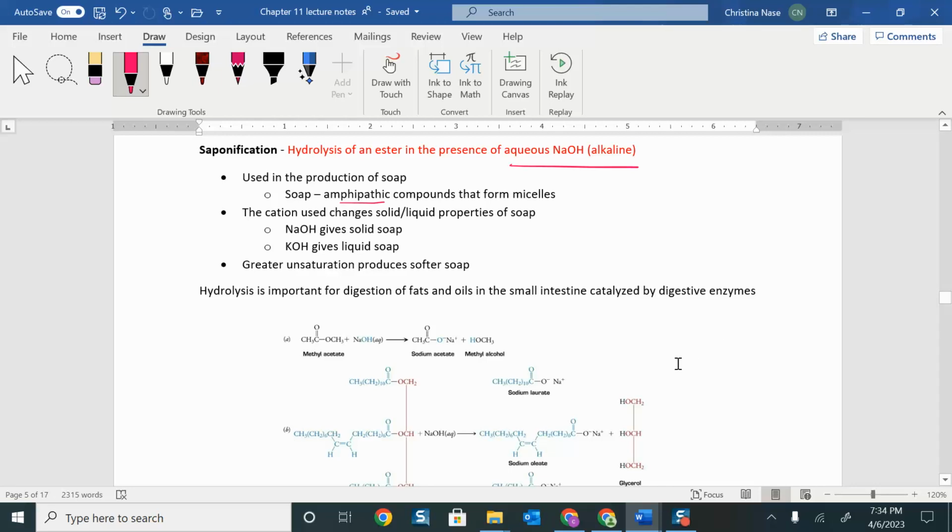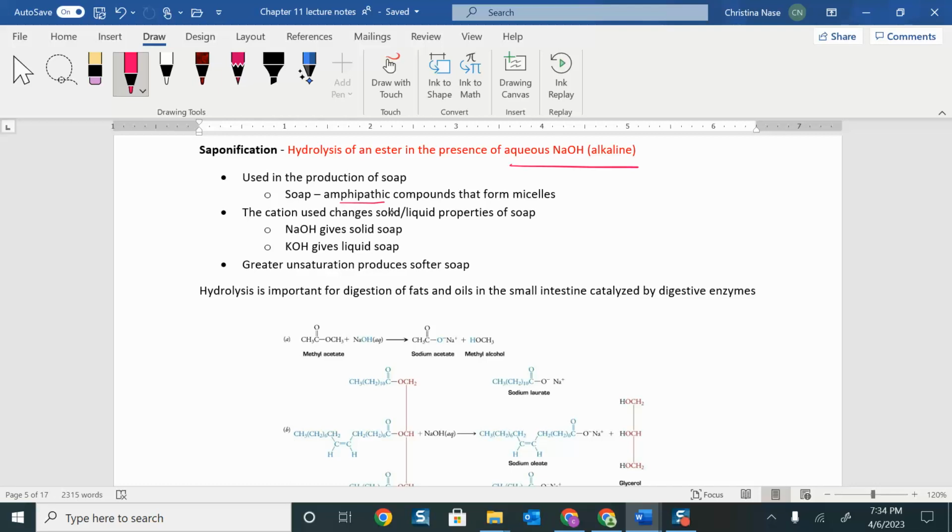I don't think I have any pictures. You can change the properties of soap by changing which base you react it with. So again, saponification, just hydrolysis. We're going to add water. We're going to break apart an ester so that instead of getting a carboxylic acid and an alcohol, we're going to get the conjugate base of that carboxylic acid and the alcohol.